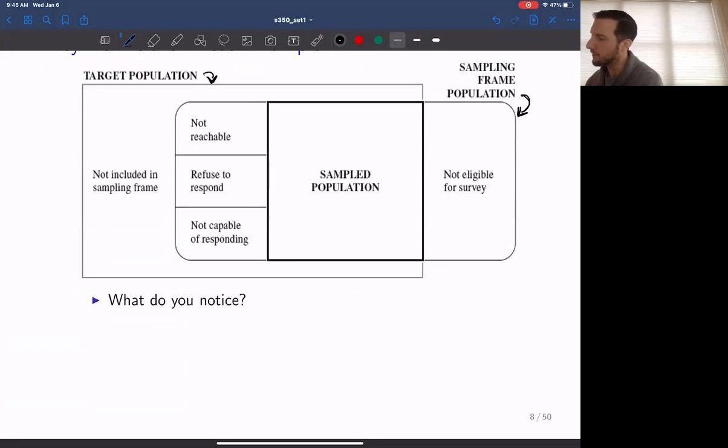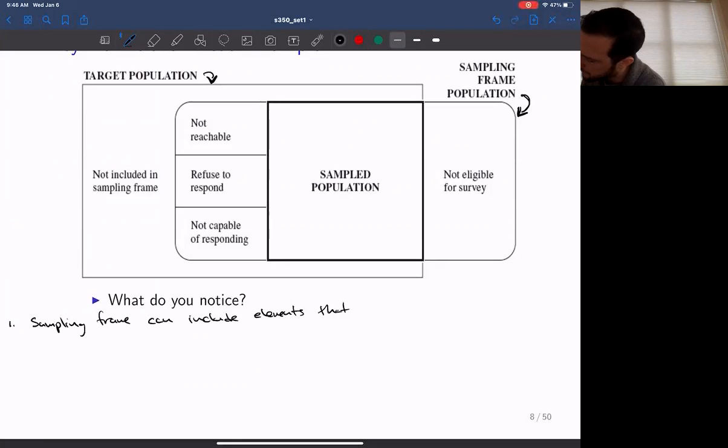So one of the notes that we can make here is that the sampling frame can include elements that are not in the target population.